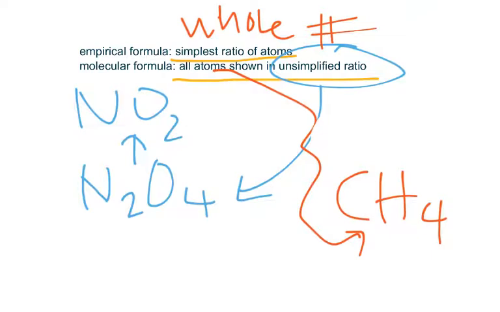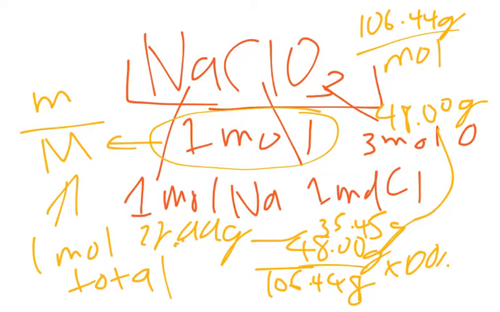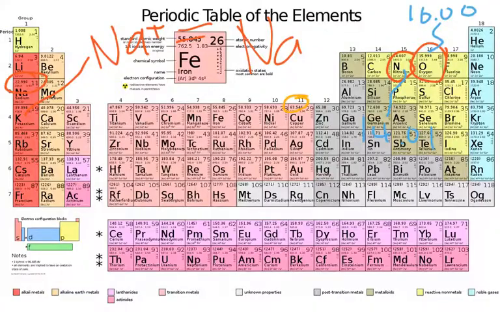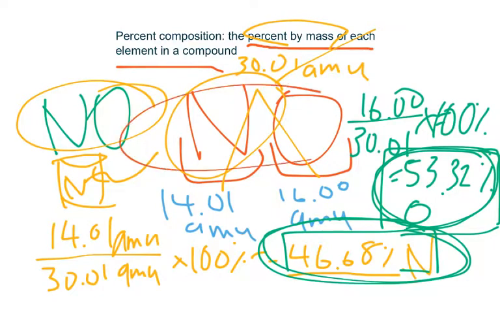So now that we learned what empirical formulas and molecular formulas are, let's try to get an empirical formula given the percent mass. Now this is just the reverse of finding the percent masses from the molecular formula, such as this one or this one. Or this one.